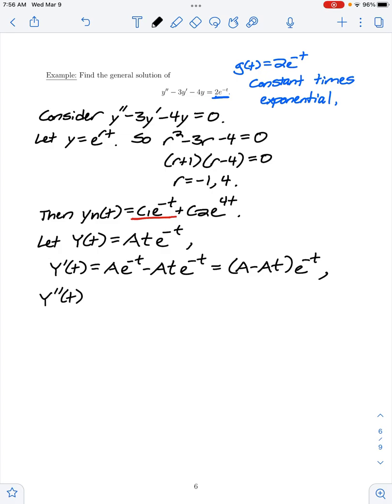And so our second derivative, y double prime, again using the product and chain rules, would be negative a e to the negative t plus a negative a plus a t e to the negative t. Or if I factor out my exponential, I would have at minus 2a e to the negative t.